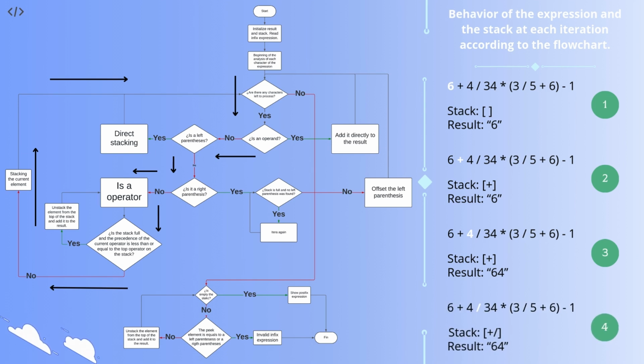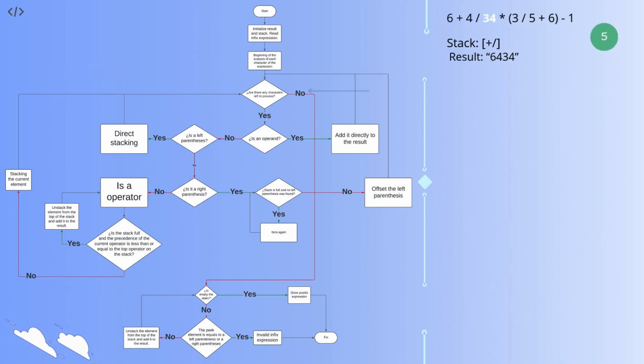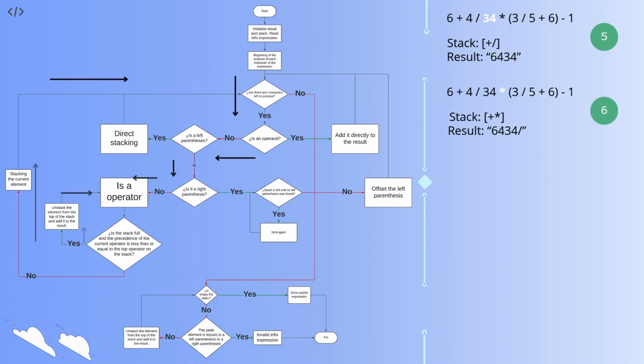Fourth character. The division operator is stacked because it has higher precedence than the plus, and the stack now has 2 elements. Fifth character. An operand again, 24 is added directly to the result and the stack is unchanged. Sixth character.